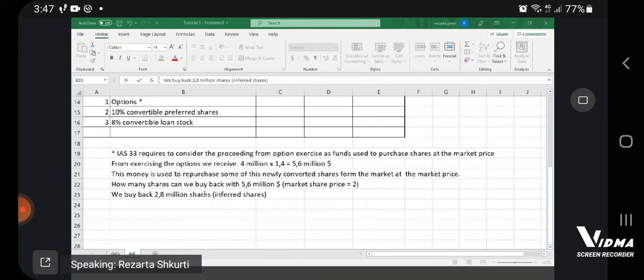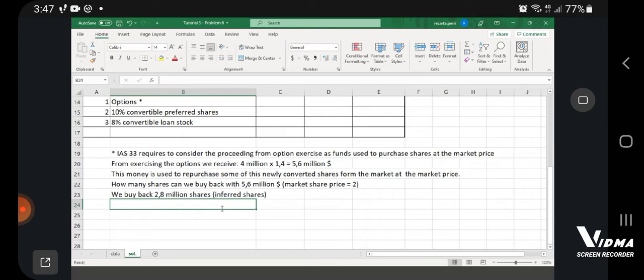So these inferred shares are shares that we buy back in order to reverse them.